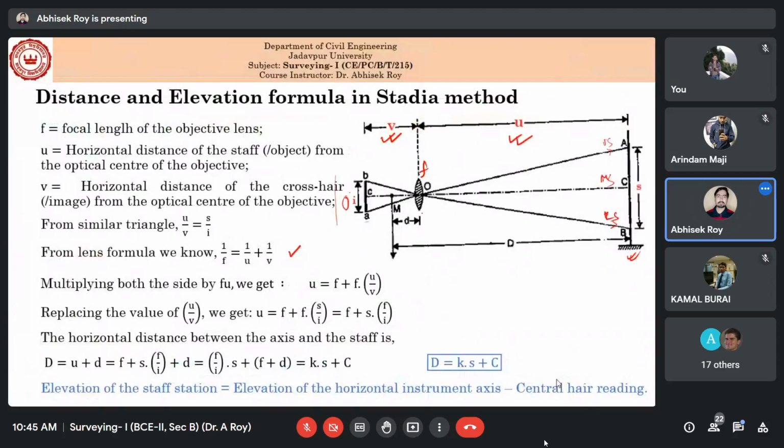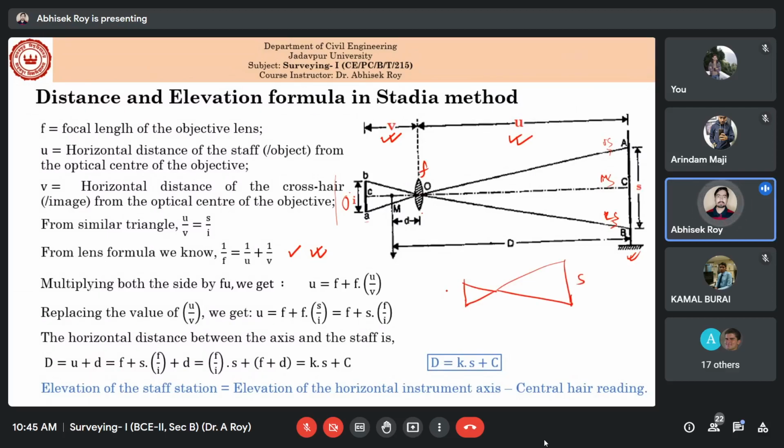So we can simply apply this lens formula 1 by F is equal to 1 by U plus 1 by V. Now before applying this formula, from this similar triangle, these two triangles are also similar.